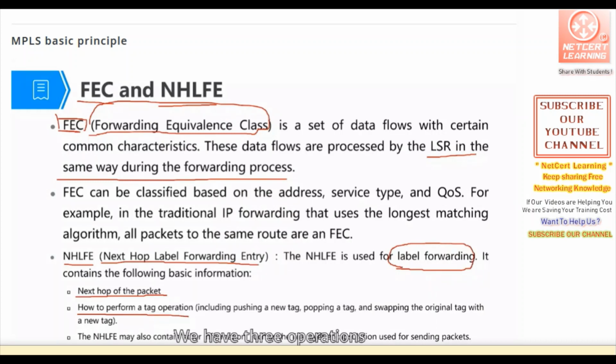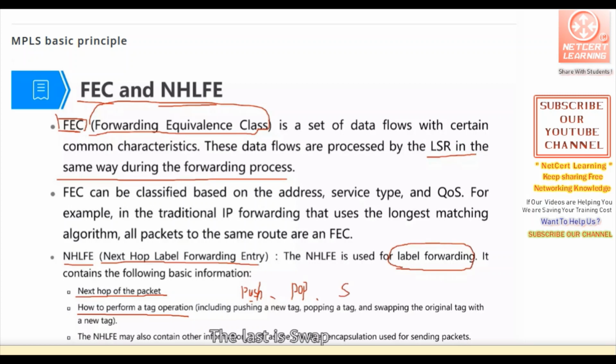For the tag operation, we have three operations. One is push. This is always done on the ingress. On the ingress, we don't have any label, so we push a label to the packet. The second is pop. Pop is always done on the egress. On the egress, the last hop of the MPLS domain, we pop the tag and use traditional IP forwarding.